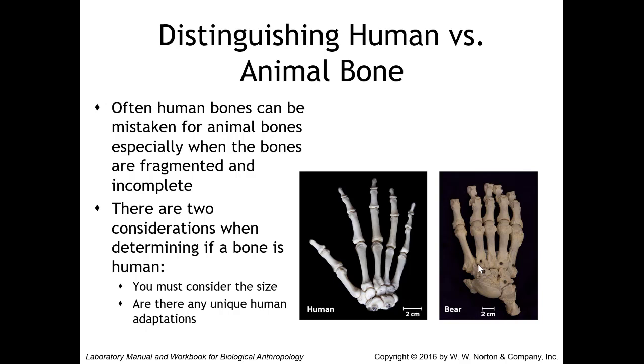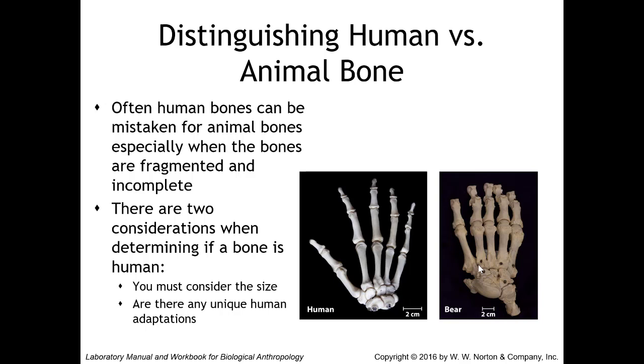And then we also have a series of specialized adaptations for bipedal locomotion that makes our skeleton unique as well. Things like our angled femurs, the position of the foramen magnum, the mastoid process, that's the word I was forgetting.